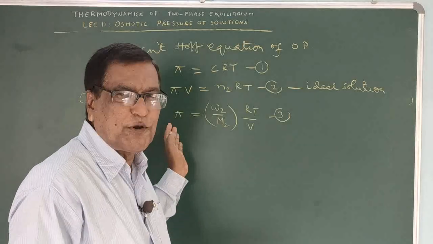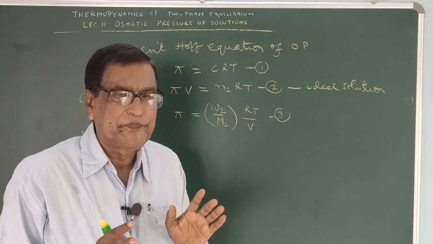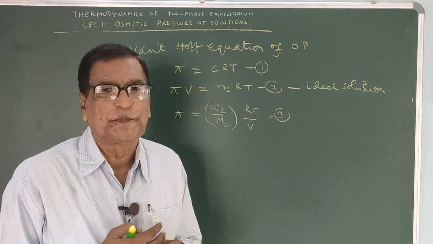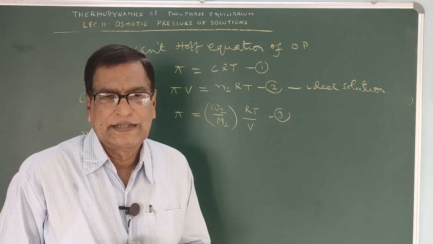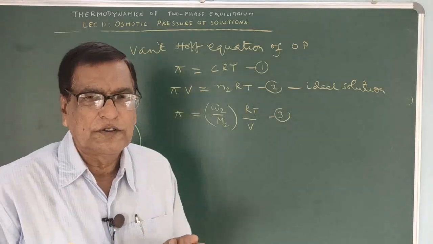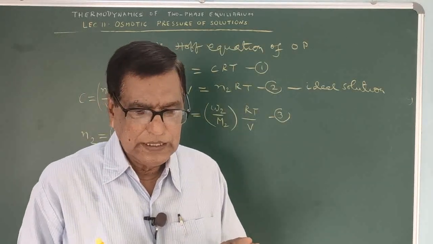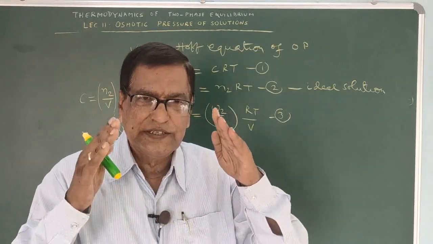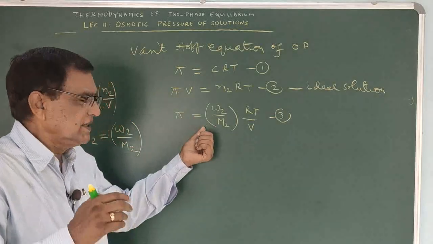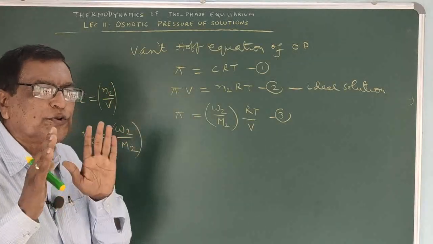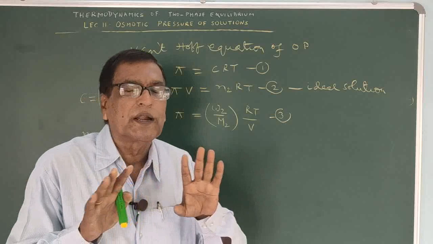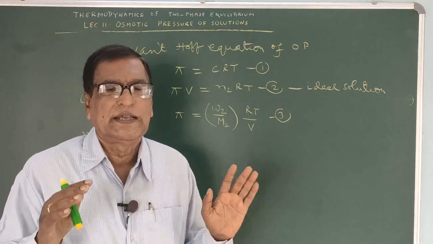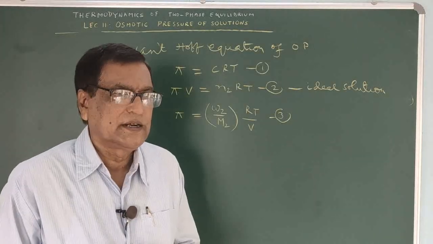And since this property does not depend on the nature of the solute particles, does not depend on the mass, size, or charge, this equation is equally applicable to determine the number average molar mass of polymers. And this one I shall discuss in my next class.